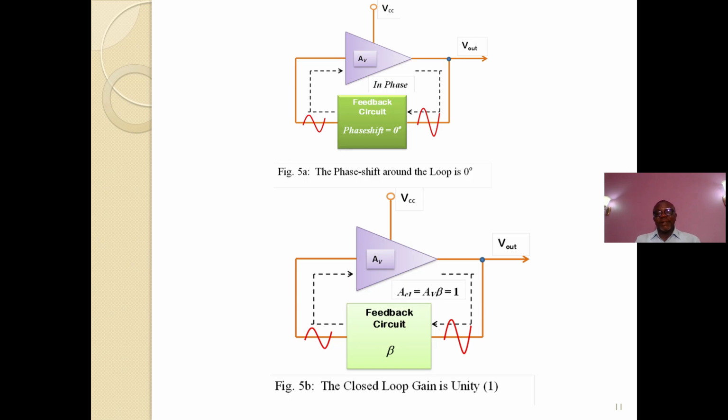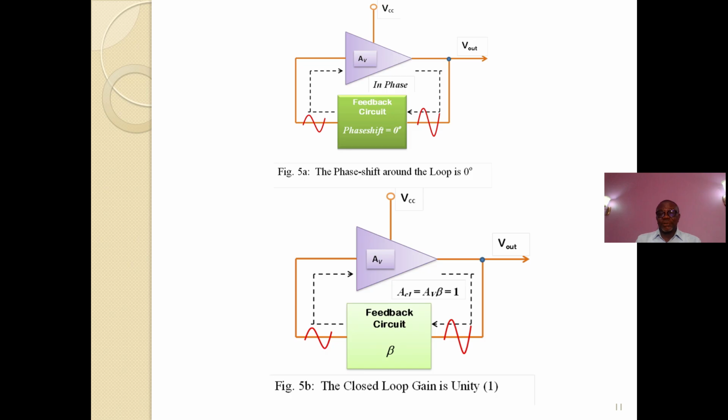So in the second figure, 5b, we say that the closed loop gain must be equal to 1. Now, if you see, we repeated almost the same diagram, but here the feedback is talking about the attenuation. Even though the signal is still in phase after leaving the feedback circuit, it has been attenuated.